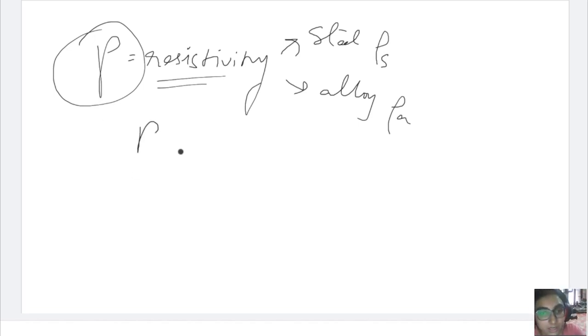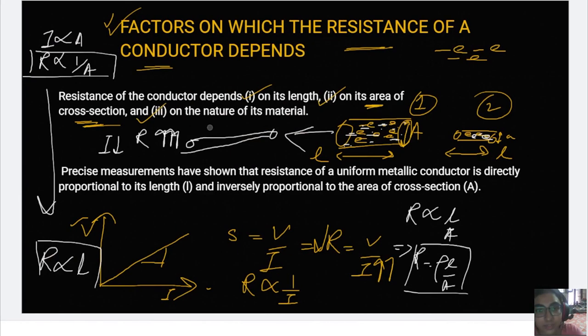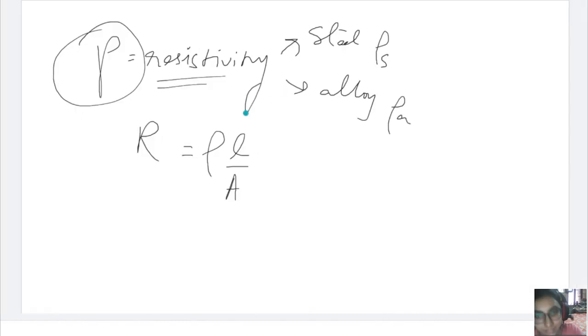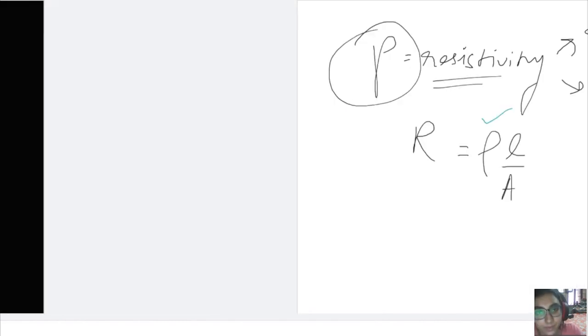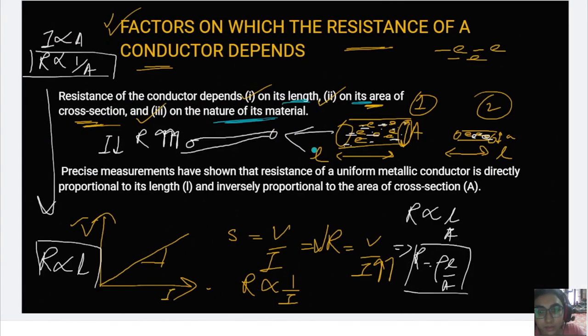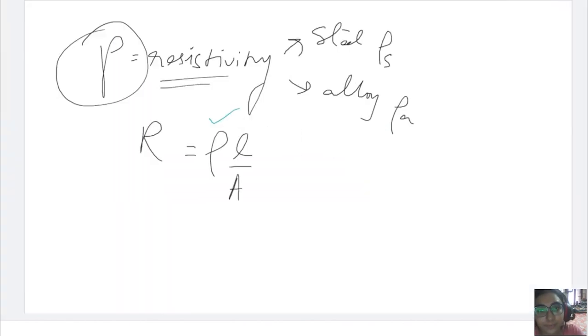So R equals rho L by A. So now we can understand what it said: resistance of a conductor depends on its length, on its area, and on the nature of its material, and this third one is determined by its resistivity, or rho. Precise measurements have shown that the resistance of a uniform metallic wire is directly proportional to its length and inversely proportional to the area of cross section, what I said.